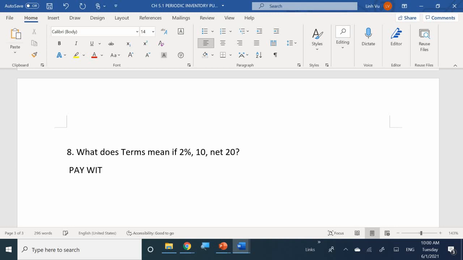Pay within 10 days and get the 2% discount. What does the 20 mean? After 20 days is the full amount. So after 10 days, there's no discount.